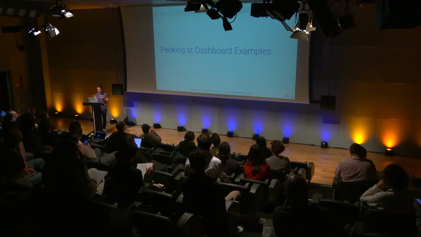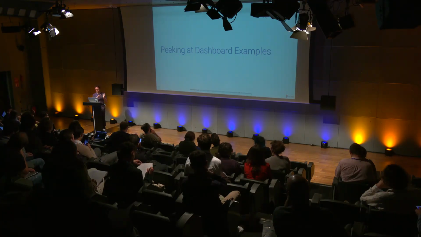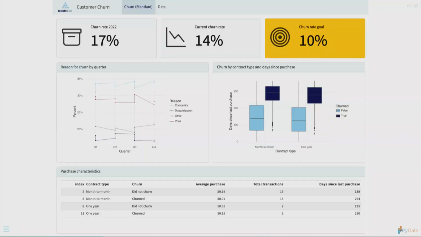So let's look at some examples. I will go through different examples just to show you how it looks before explaining how to make a dashboard. So from your IPYNB notebook, you can have this kind of representation, where we want the user, when opening a dashboard, to see directly some metrics, colors, graphics, tables.